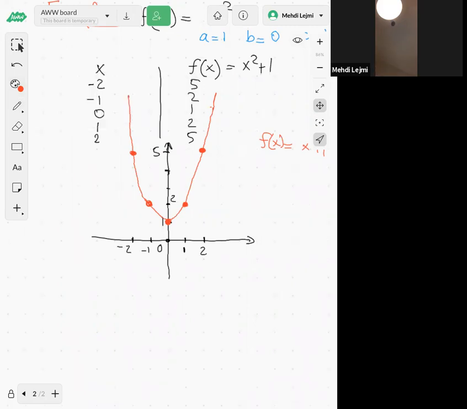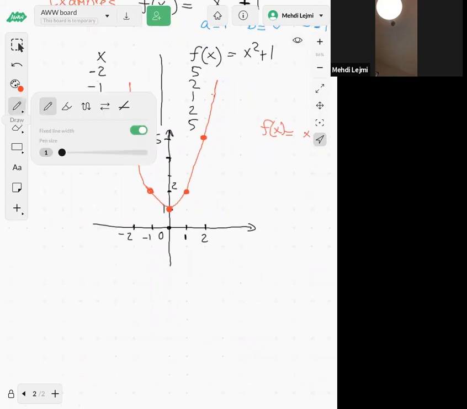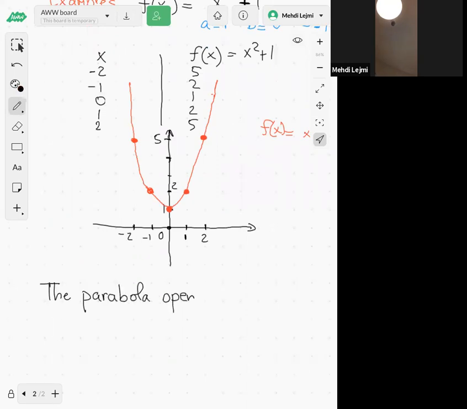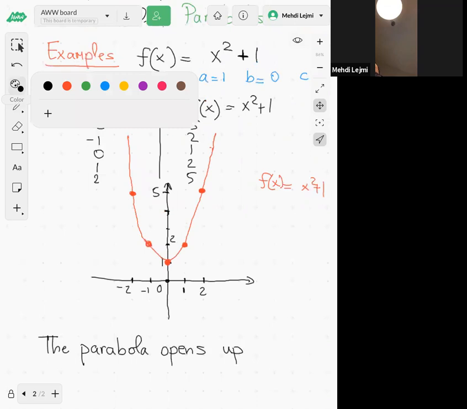So the parabola opens up, and the reason why it opens up is because A is positive. My A is +1. So whenever A is positive, the parabola is going to open up. If A is negative, we're going to see the next example with A negative. Then the parabola is going to open down.